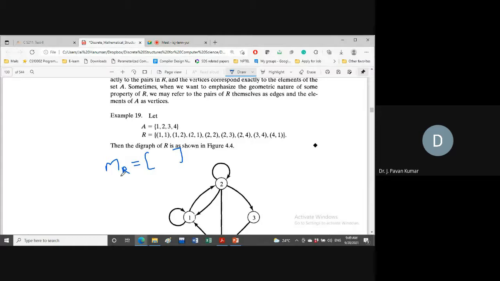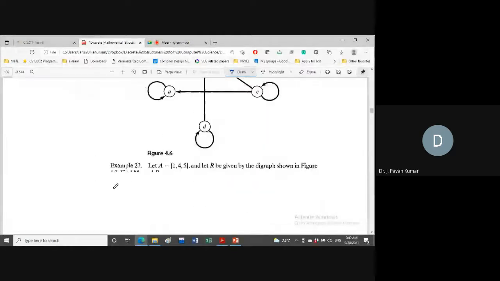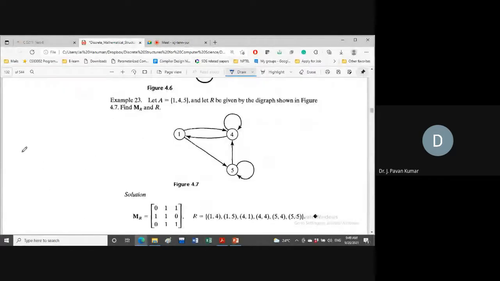If the relation is defined on two sets A and B. If the relation is defined on the same set, then we will be having the number of rows and the number of columns the same as the number of elements in A. Like that we can find MR, and we have defined two things like R square. What is R square, or R2?